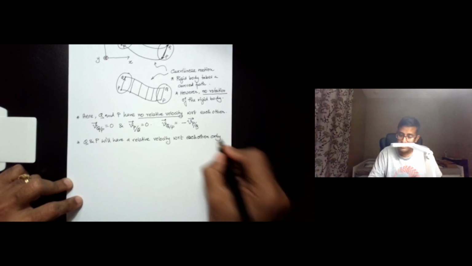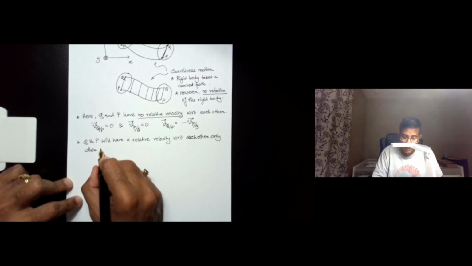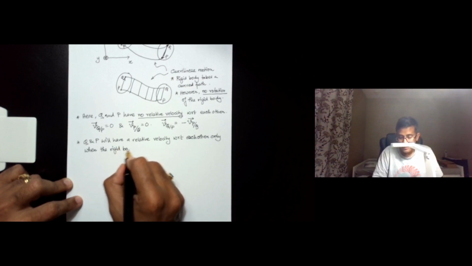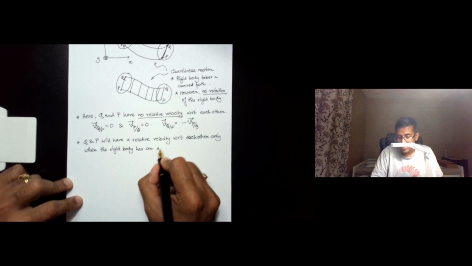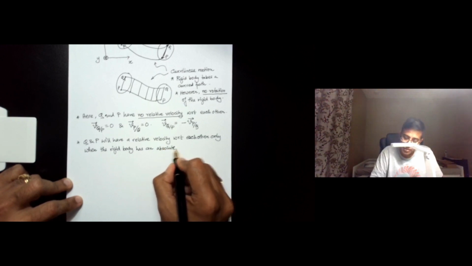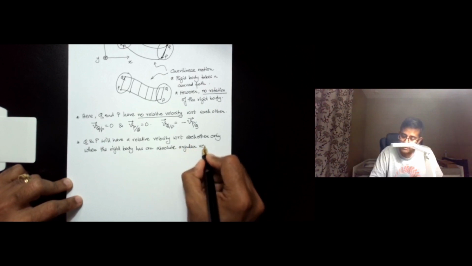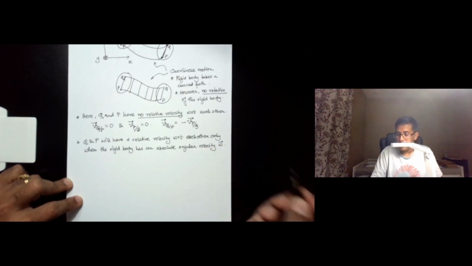But there is a possibility that Q and P will have a relative velocity with respect to each other only when the rigid body has an absolute angular velocity, and we can call that angular velocity omega.